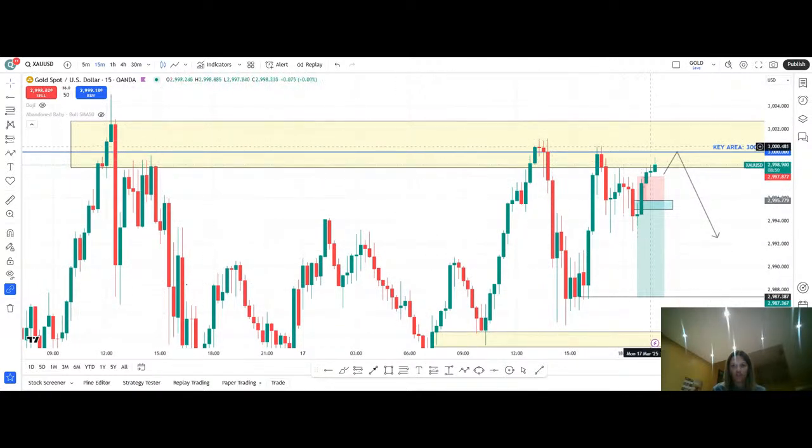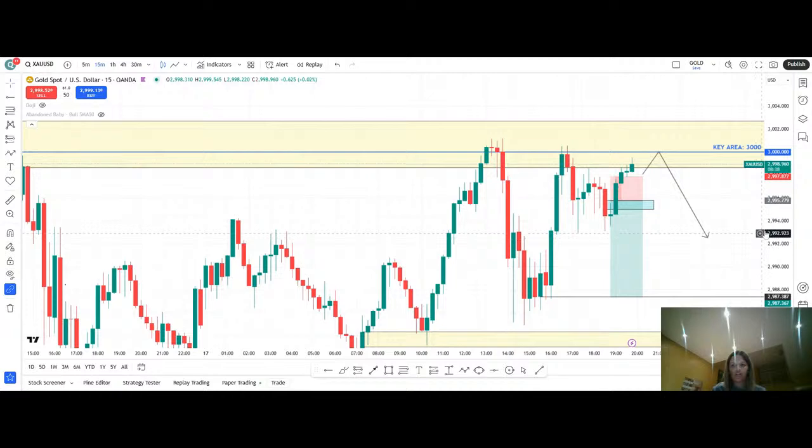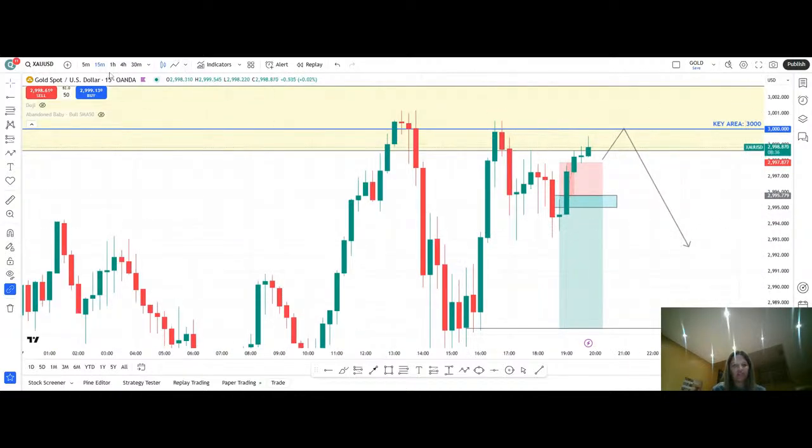But even this week it could go all the way up here to 3002. Nothing stops price from going all the way up here. Will it happen tonight? I'm not sure. Let's see.